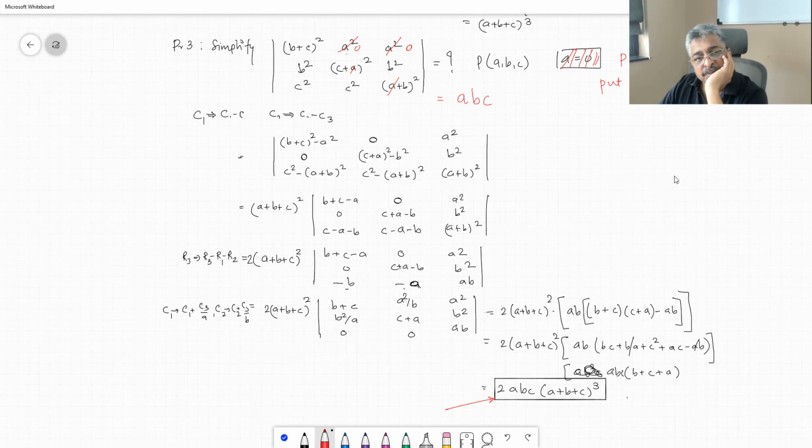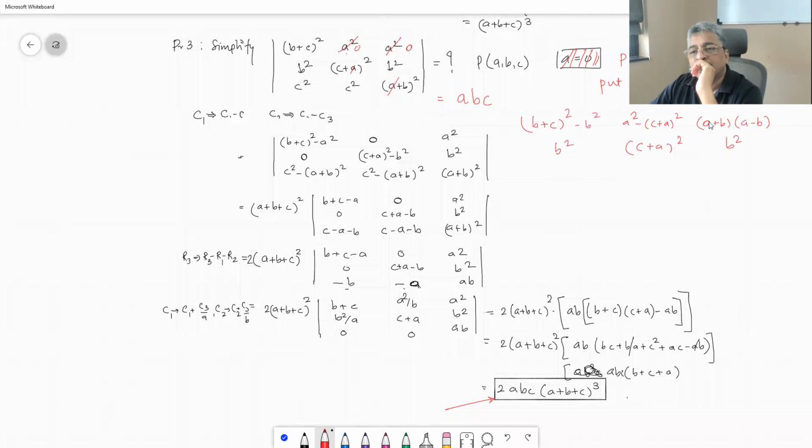If I subtract row 2 from row 1, I will get (b plus c) bracket square minus b square, a square minus (c plus a) bracket square, and then I am getting here (a plus b)(a minus b). Second row I keep as it is, b square, (c plus a) bracket square and b square.